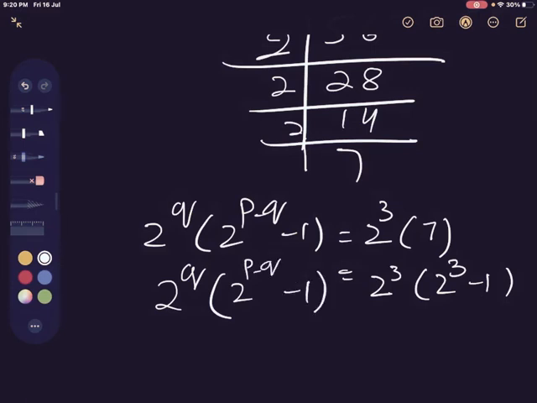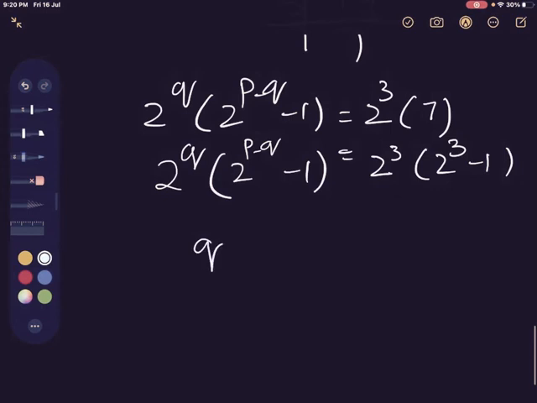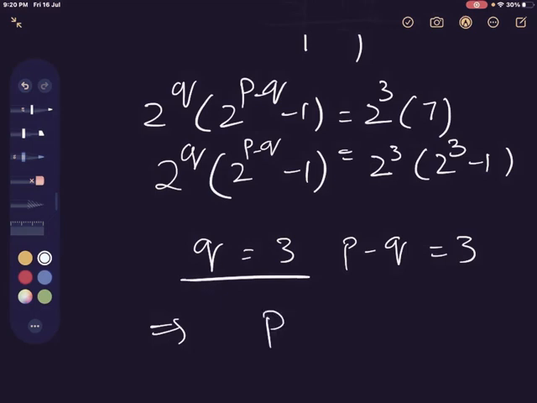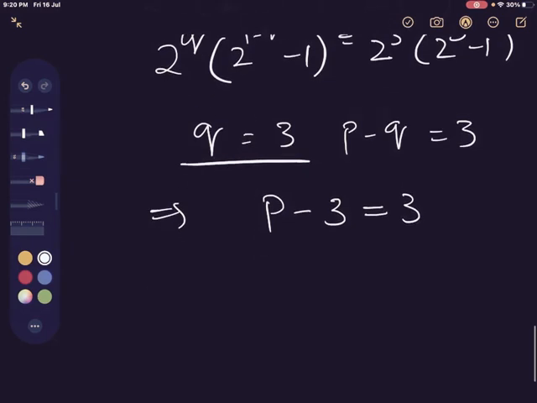So I can say Q is equal to 3 and P minus Q is again 3. Now, using this value of Q, I will find the value of P. So P minus 3 is equal to 3. When this 3 goes to the other side, P is equal to 6.